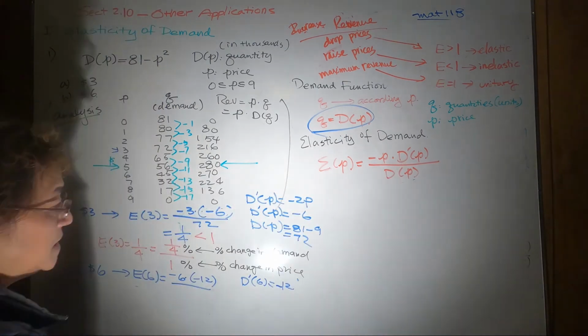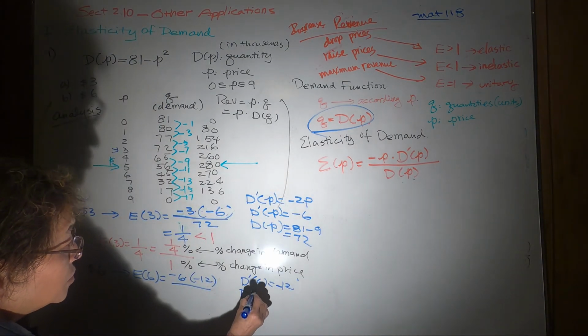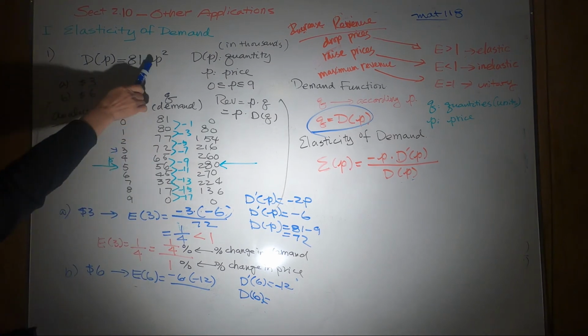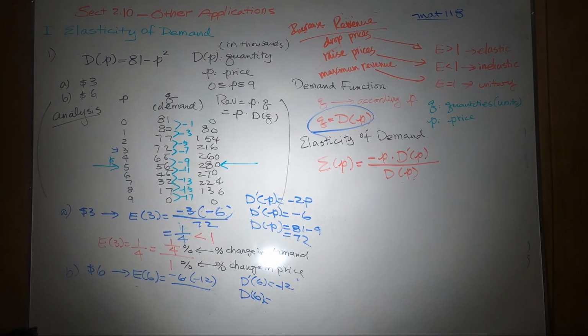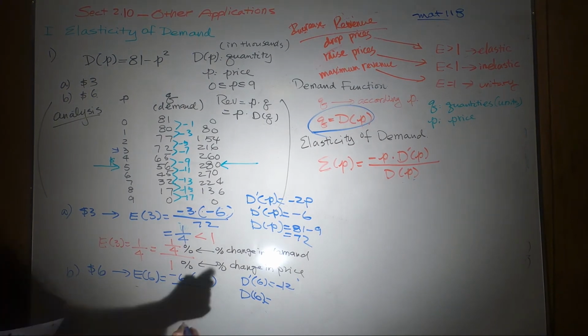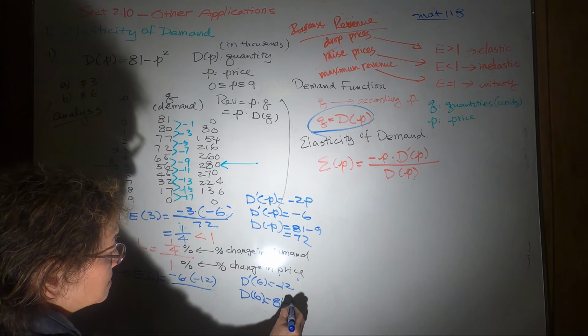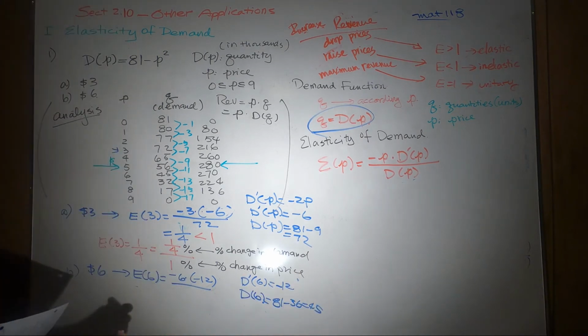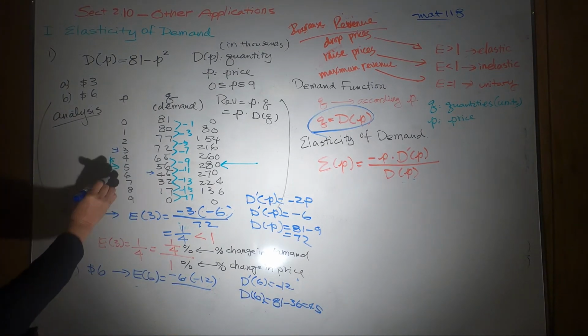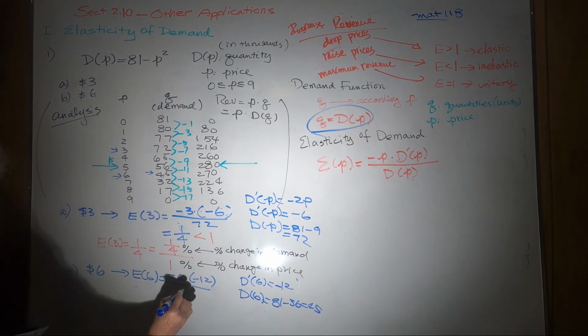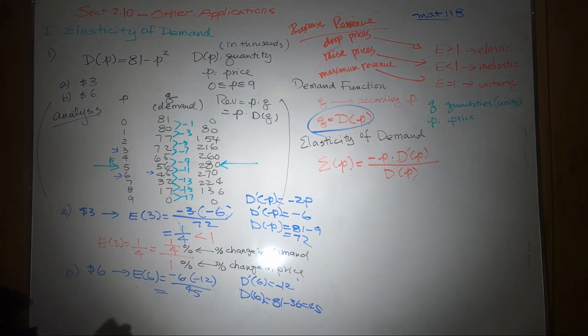Over D prime P. So D prime P is, you plug in what? 6 to the original D prime P, right? 6 squared is 36, 81 minus 36. So 81 minus 36 is what? 45. Oh, that's this guy. At $6, your demand would be what? 45. So the result would be 72 over 45. That would be 1.6.